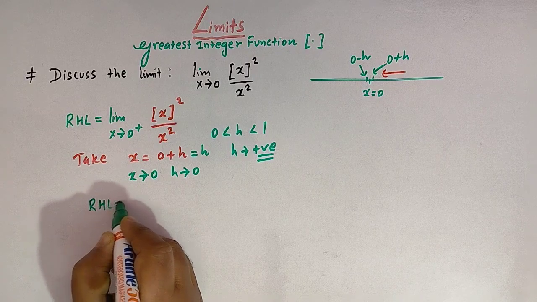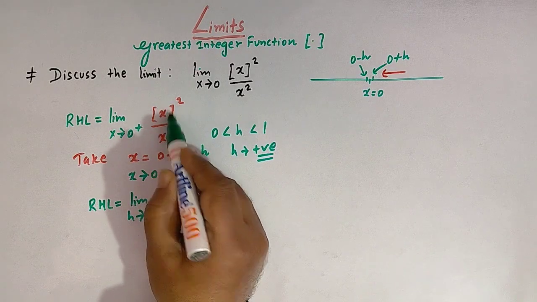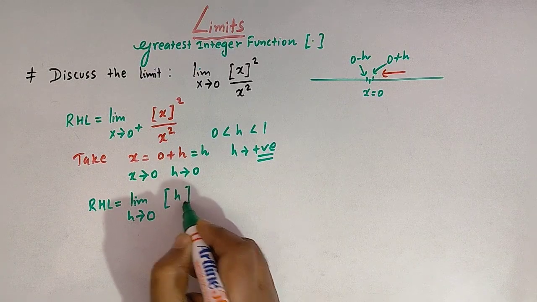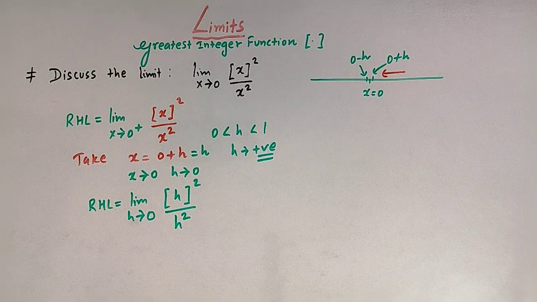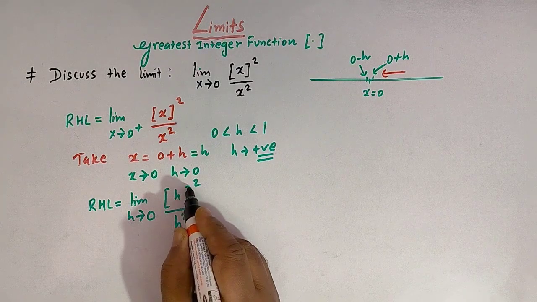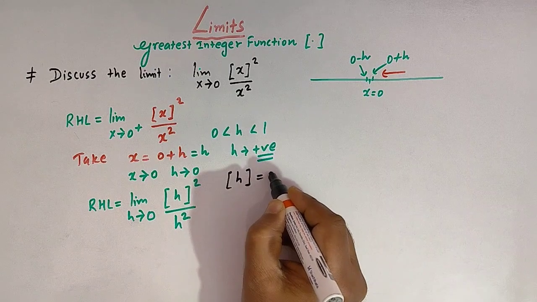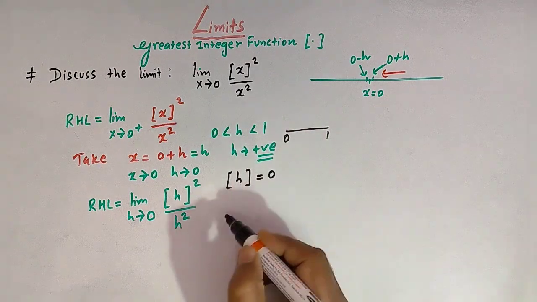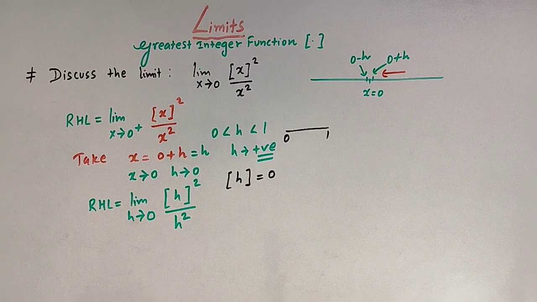The right hand limit is limit h tends to 0 of the square of the greatest integer of h, divided by h squared. Now we'll use the definition of the greatest integer function: the value of the greatest integer of h should be equal to 0, because h lies between 0 and 1.